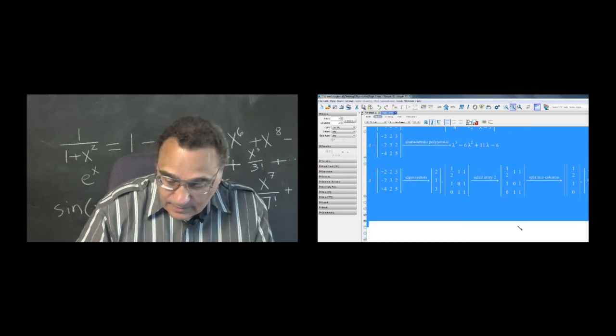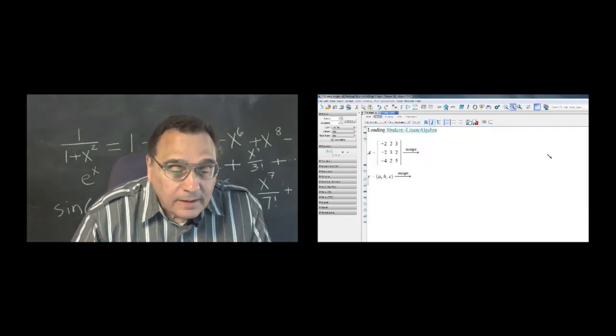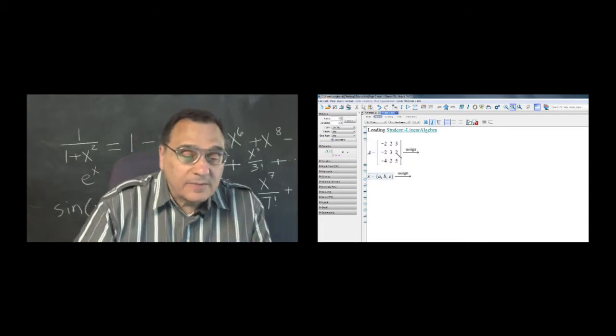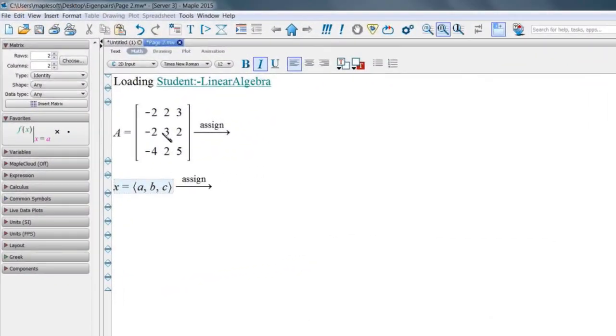So I want to get rid of that. And I will execute this stuff. So here's my matrix. It's called A. You don't need to see me punch numbers into that template because you've already seen me do that once. And X now has 3 components, a, b, c.